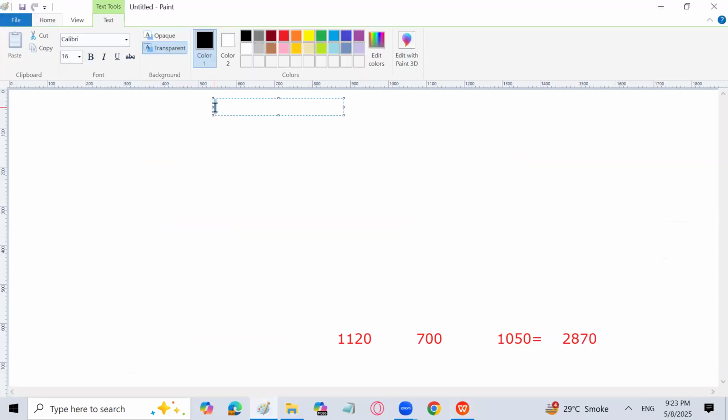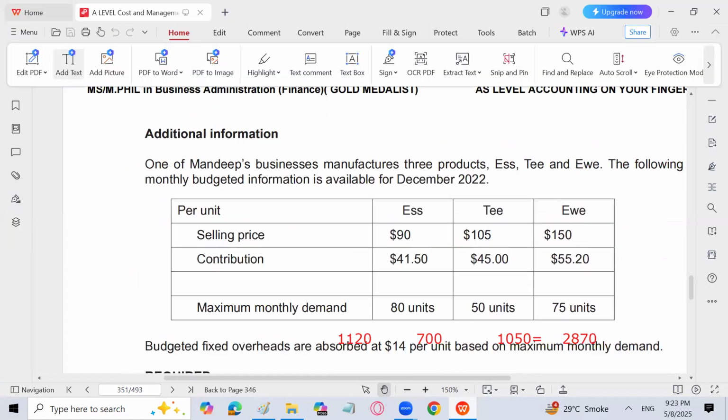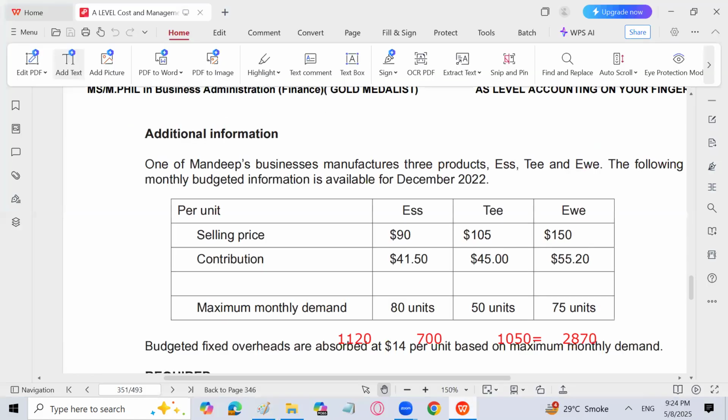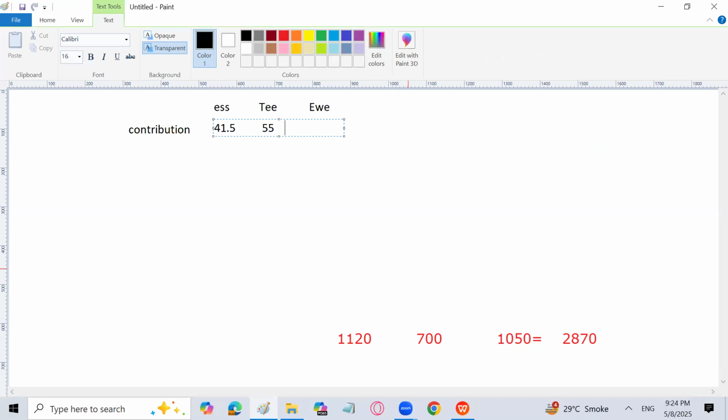I'll write here S, T, and E. And the contribution per unit is going to be 41.5, 45 and 55.2, let me check. Yes, this is 45 and this is 55.2.